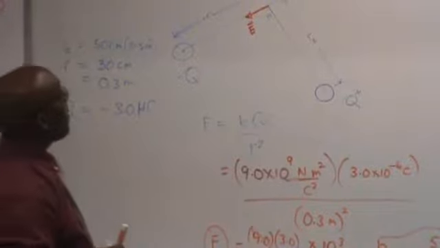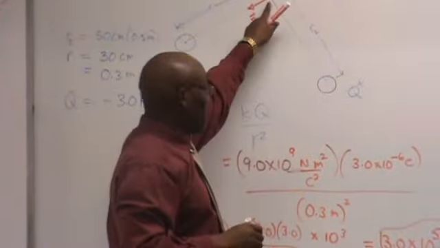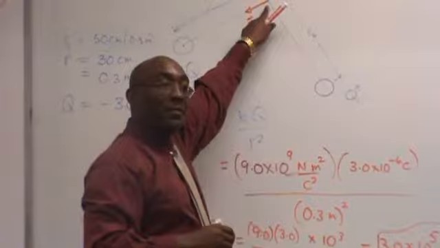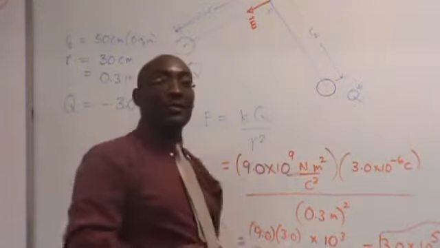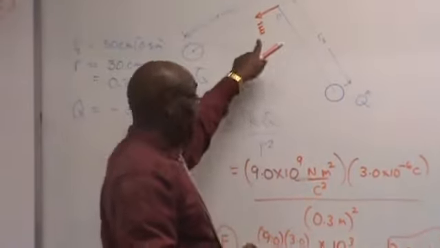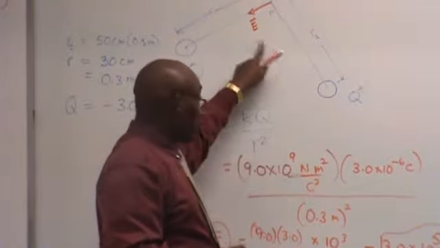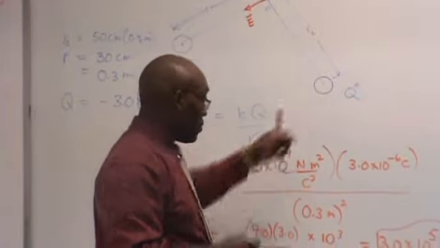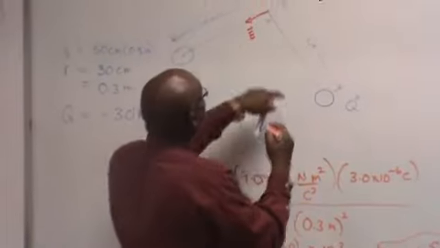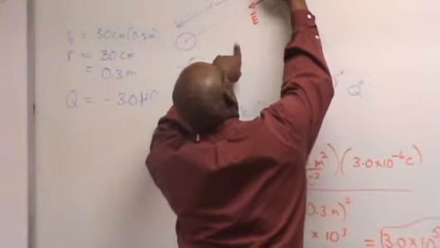Okay? I want to calculate the electric field at this point due to both charges. I already have this, right? So if this is positive, the electric field at this point will point that way.